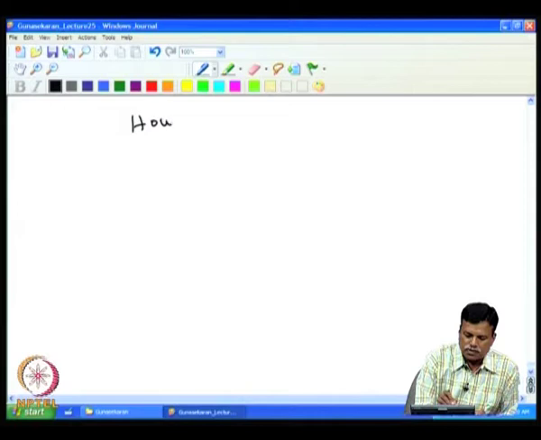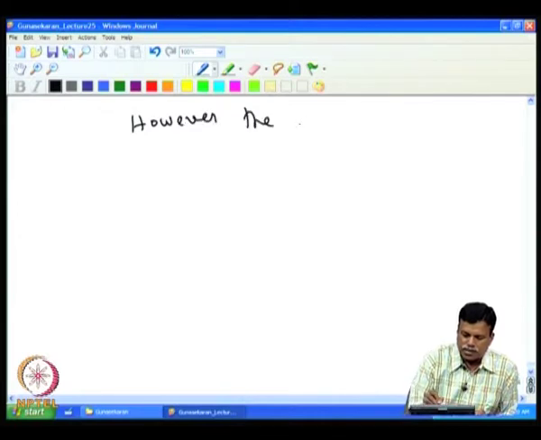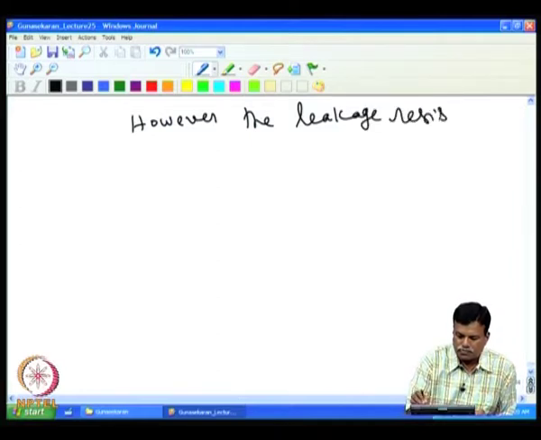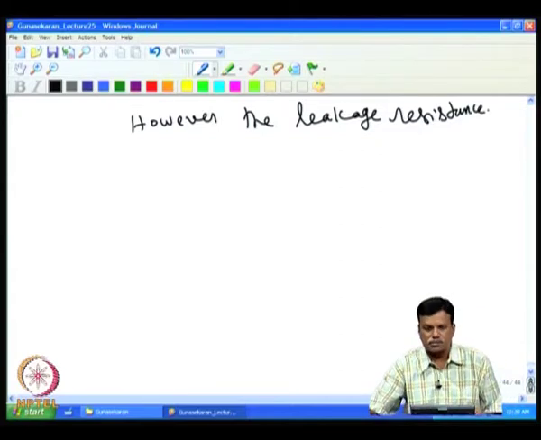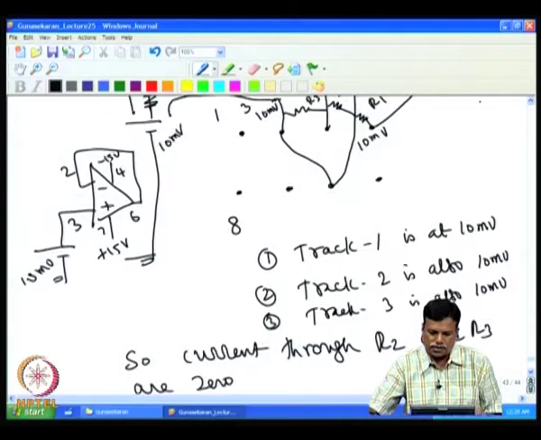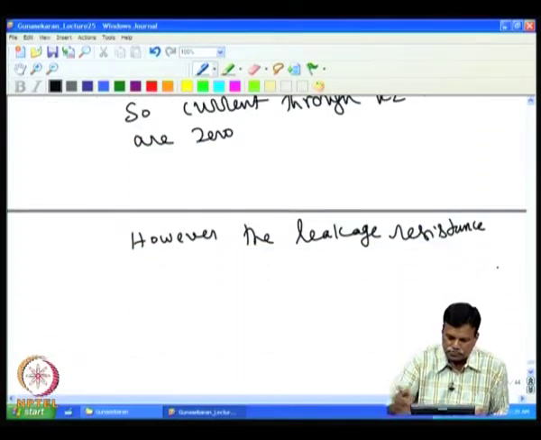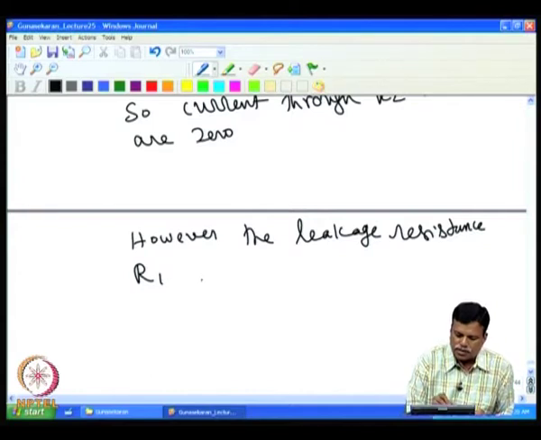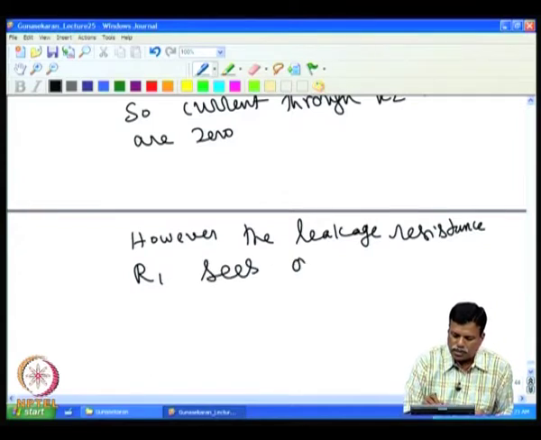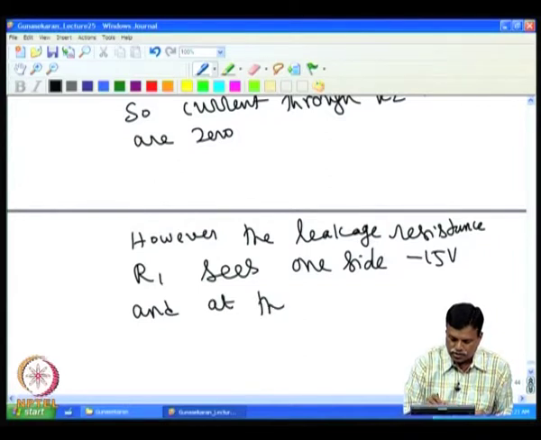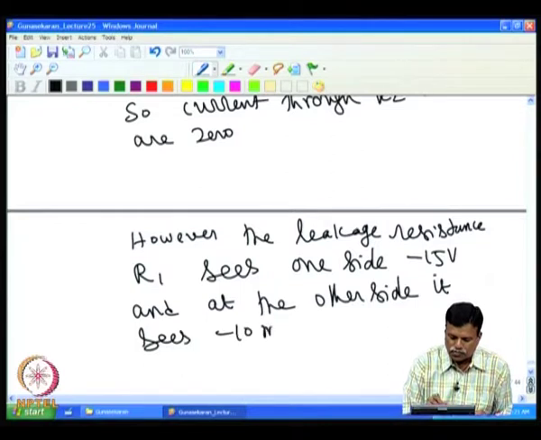However, the leakage resistance R1 sees one side, say minus 15 volt, and at the other side it sees minus 10 millivolt.